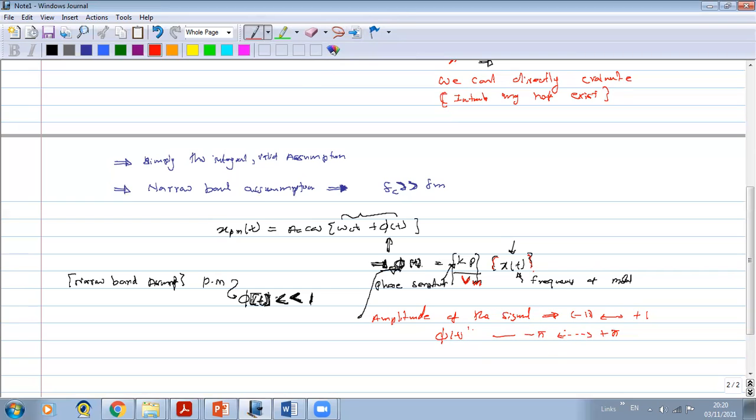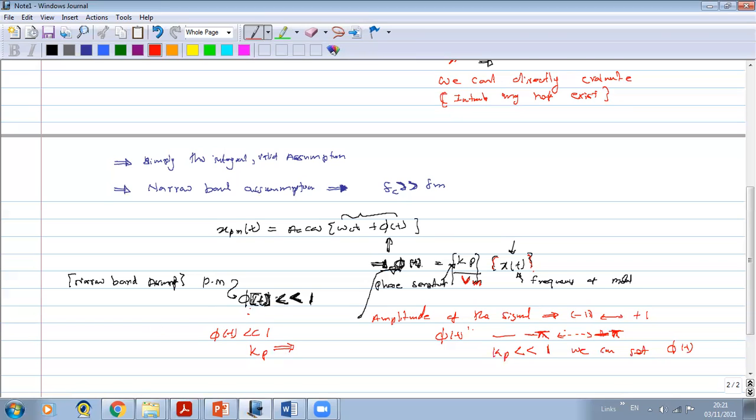In phase modulation, this φ(t) should be within -π to +π, otherwise some distortion can happen. So by setting this kp value very less than 1, we can set this φ(t) at a very low point. So we can make this φ(t) very less than 1 by setting the kp.